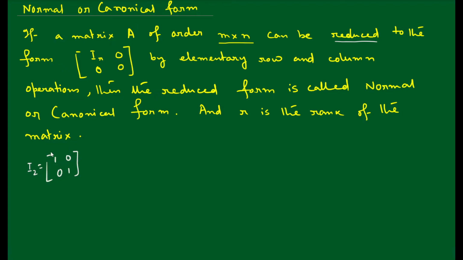That means it is an identity matrix of order 2. So that's why it is I2. Similarly, what is I3? It will be 1 0 0, 0 1 0 and then 0 0 1. Identity matrix of order 3. So in the same way, here I_r means identity matrix of order r. R rows and r columns.